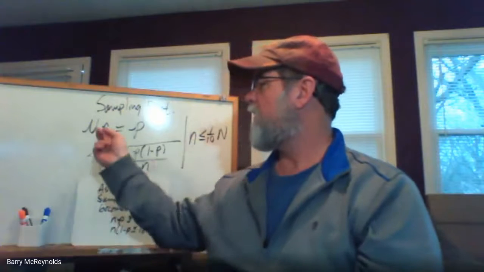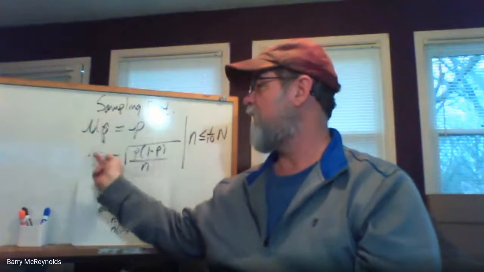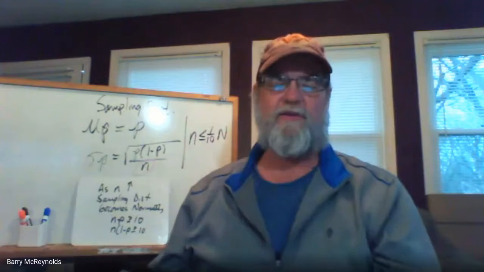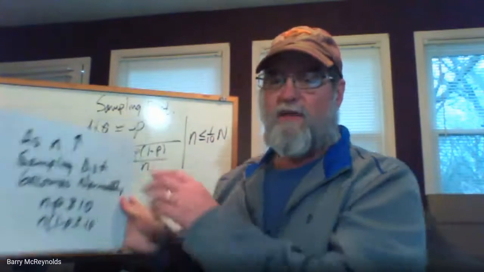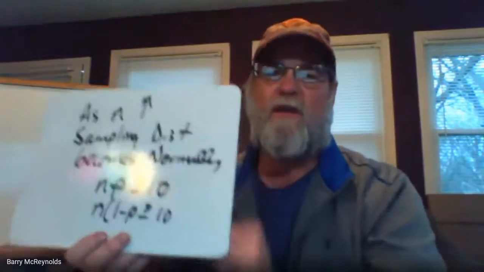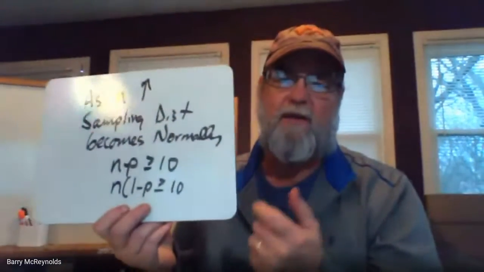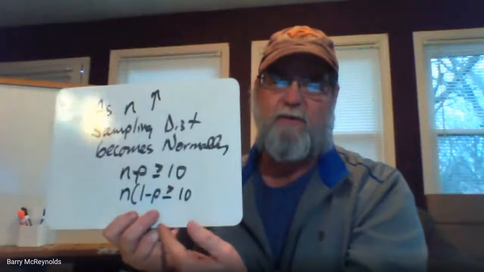Now, we've talked about the center and the spread. What do we know about the shape of the sampling distribution? Well, we can tell that it's normally distributed if these two conditions are met.